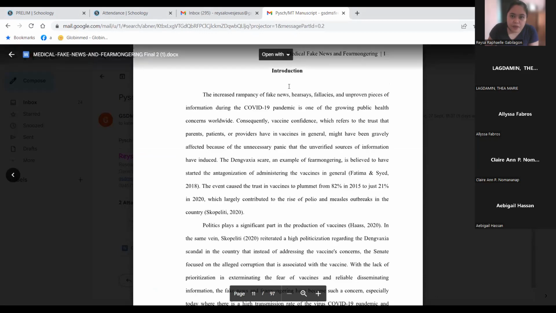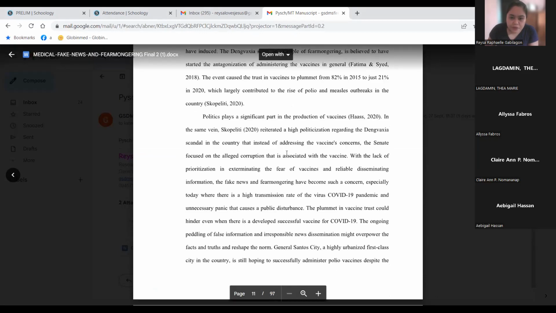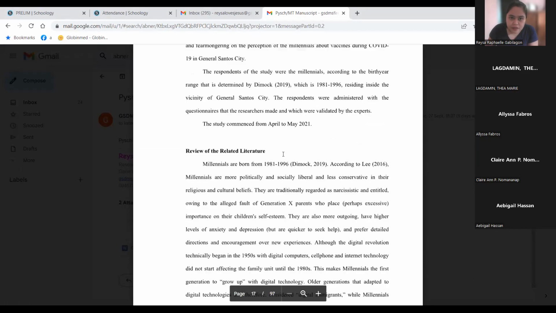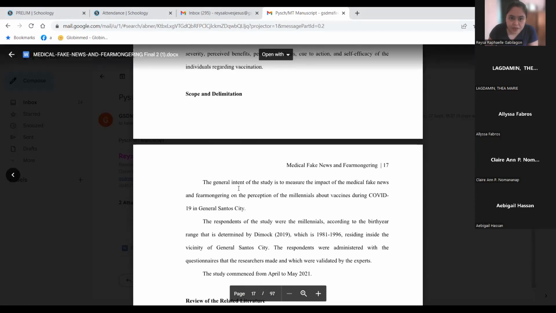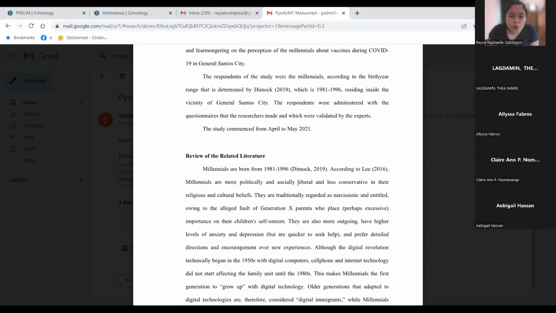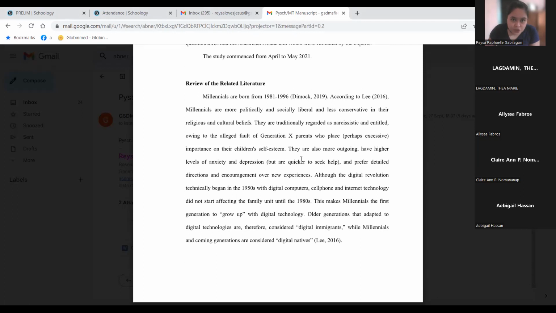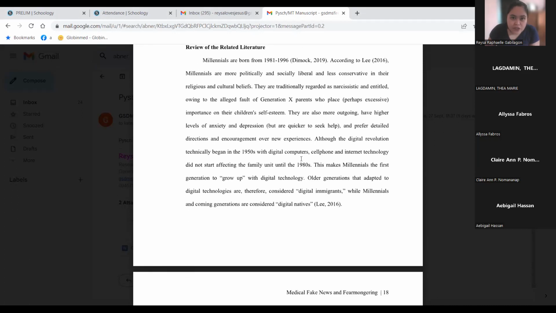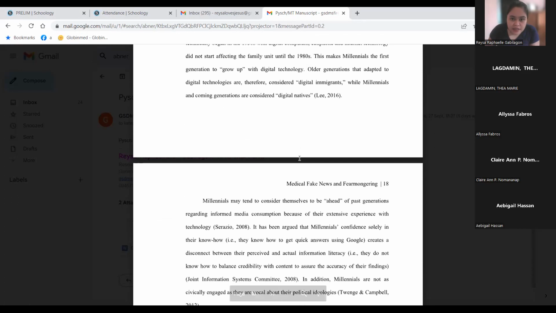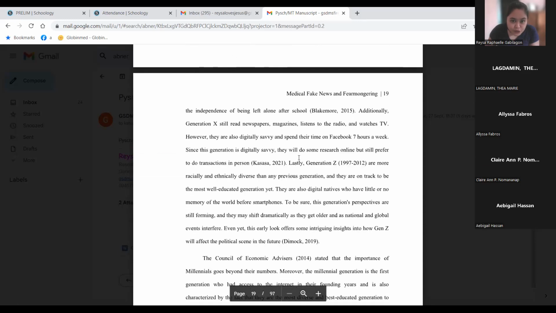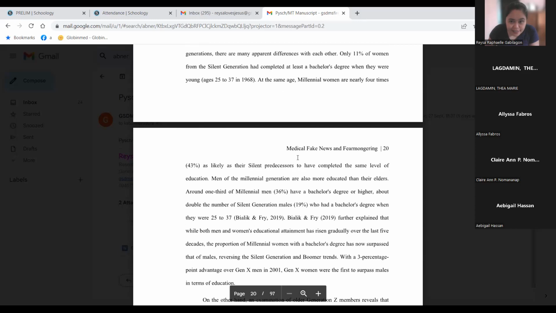So this is just the format. Please do not use chapter 1. It's Introduction, and after that, you look at here, scope and delimitation. And after scope and delimitation, you have the review of related literature. If you can see on your screen, their RRL is continuous.